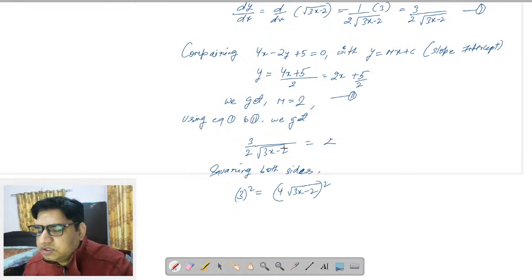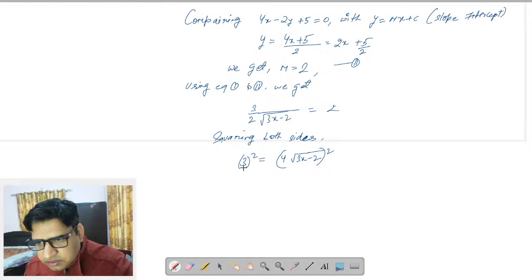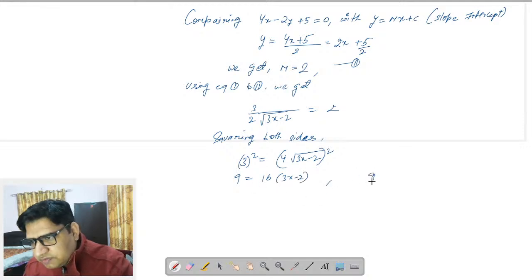This 4 goes to the other side under root 3x minus 2, and when we square it, it will be 9 is equal to 16 times 3x minus 2. If we solve it further, that will be 9 by 16 is equal to 3x minus 2, and 3x will be equal to 9 by 16 plus 2.